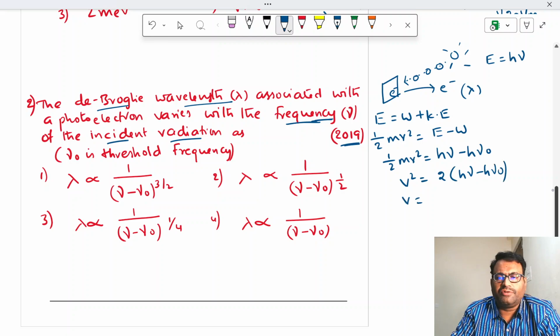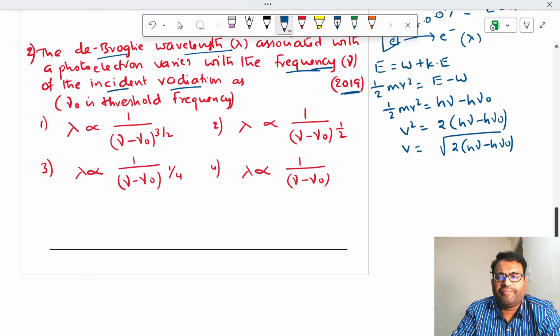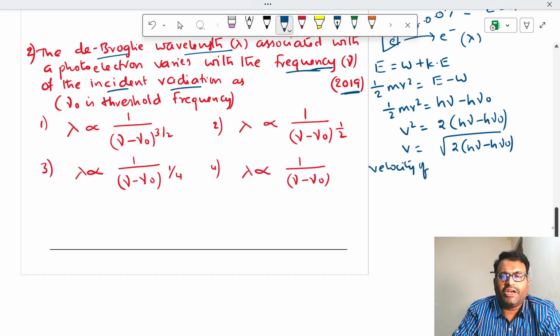So v is equal to root of 2(h nu minus h nu naught). What is this v? The velocity of the photoelectron. So now we know the velocity of the photoelectron.